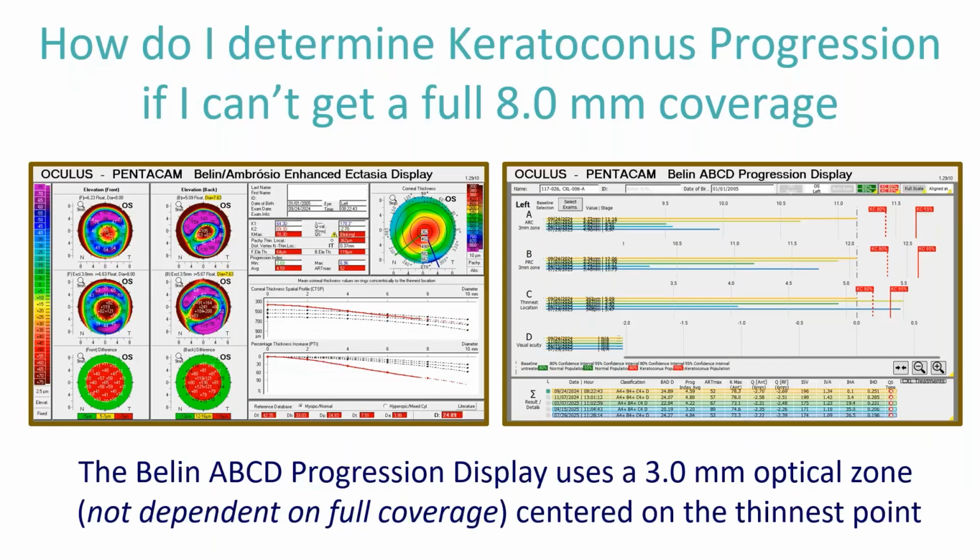And here you can see in the progression display, we can look and compare up to 8 exams over time. And it lets you know when you have statistically significant change. In this example, because it's fairly advanced keratoconus, we've selected the red flags. The red flags represent a keratoconic database.